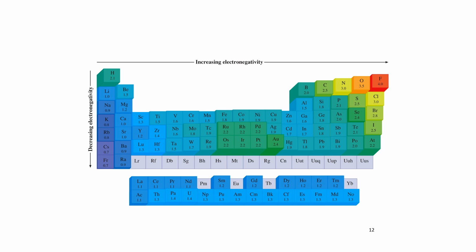So you can see the electronegativity trend is increasing as we go from left to right across the periodic table, with the most electronegative atom being fluorine, and the least electronegative atom being cesium and francium in this bottom corner.